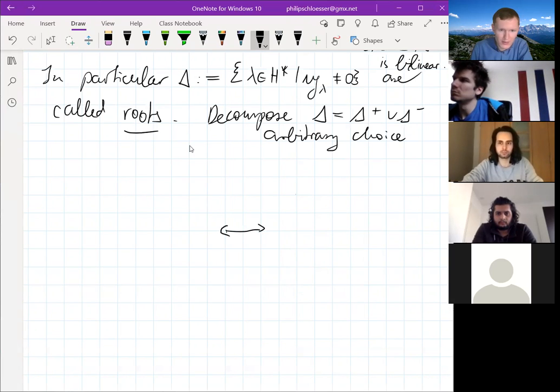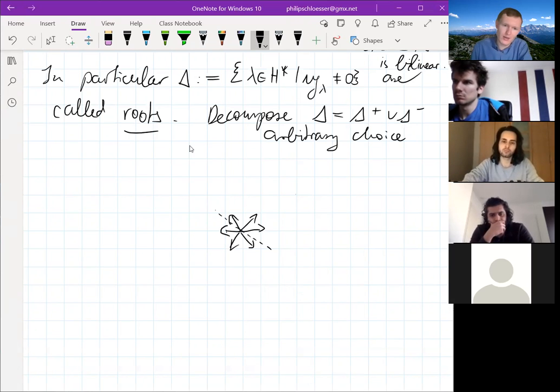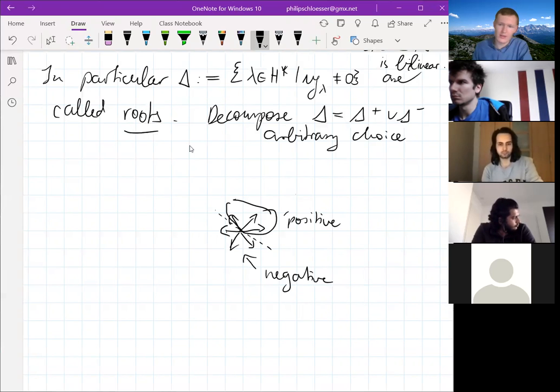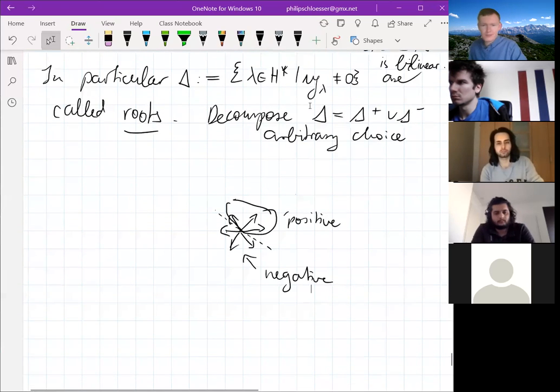For example, if we have this root system consisting of these 6 roots, you can choose to draw your separating plane here and call these 3 roots positive and these 3 roots negative, and that's it.